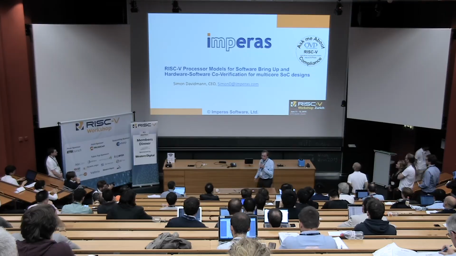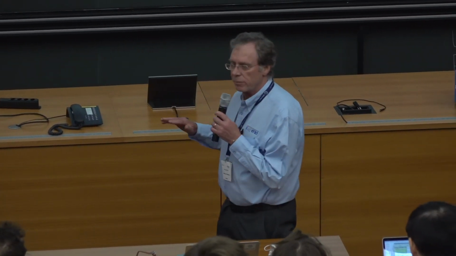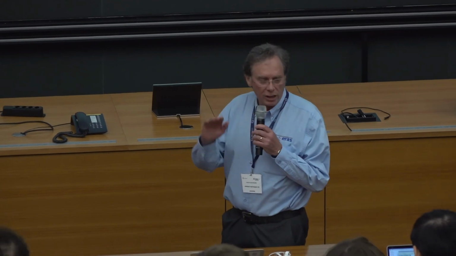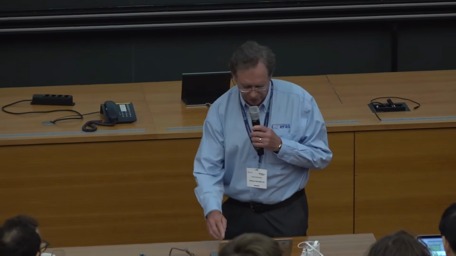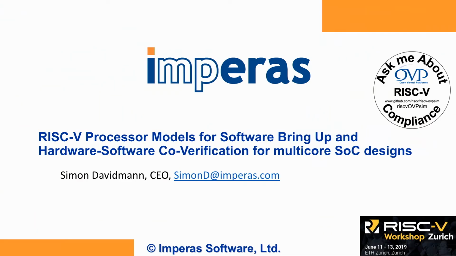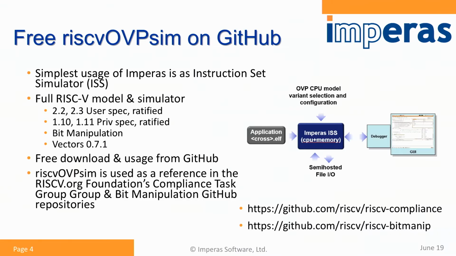Hello, my name's Simon Davidman, and you would have heard me talk yesterday about our simulator that we've made freely available on GitHub, which implements the whole of the RISC-V spec, including the latest vectors and bit manipulation. But what I'm going to talk about here is co-verification, which is getting sophisticated software up and running. In this case, it was an SMP Linux running with a hardware accelerator, which was state-of-the-art vision analysis for automotive.